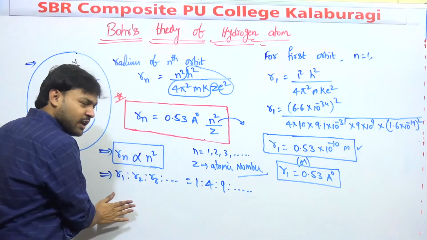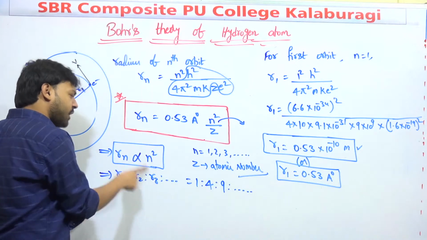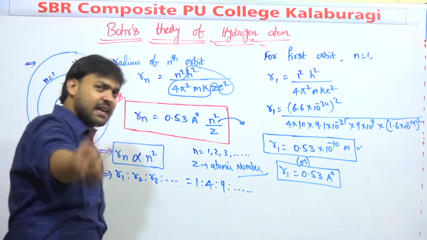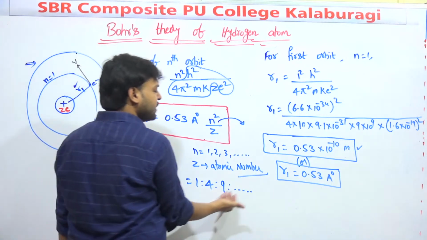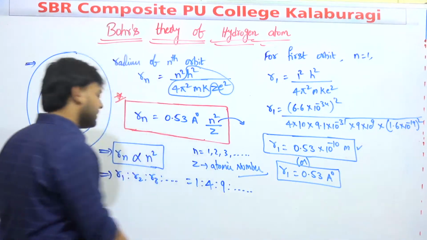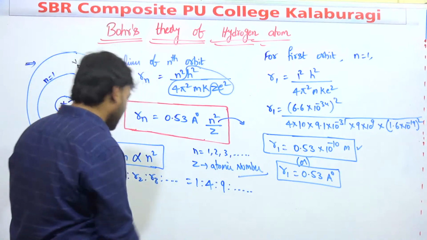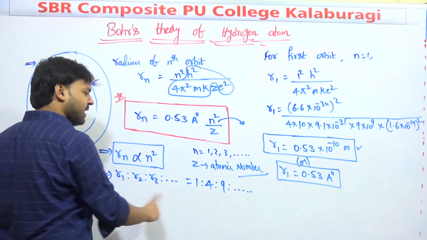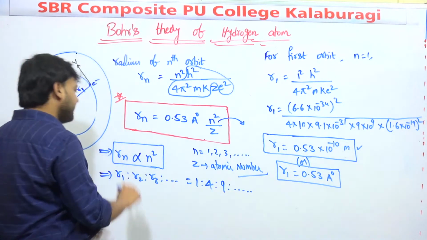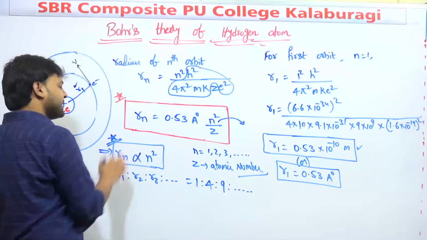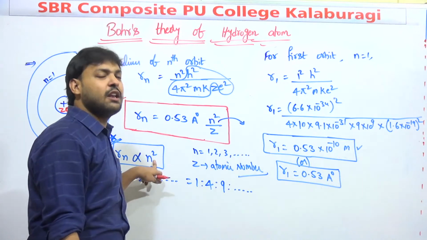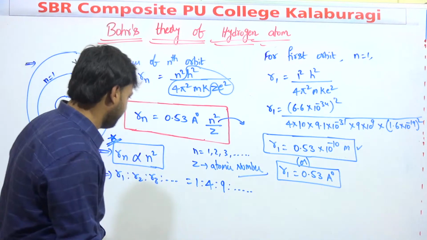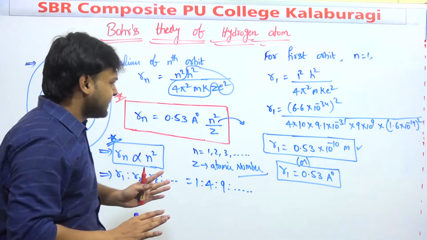So with respect to the orbit number, the radius varies. It won't be fixed. The ratio is 1:4:9 and so on. Theory questions, chances will be there, right? So Rn is directly proportional to n square, and the radius for any atom will vary in the form of the square of the principal quantum number. This is about the radius, right?